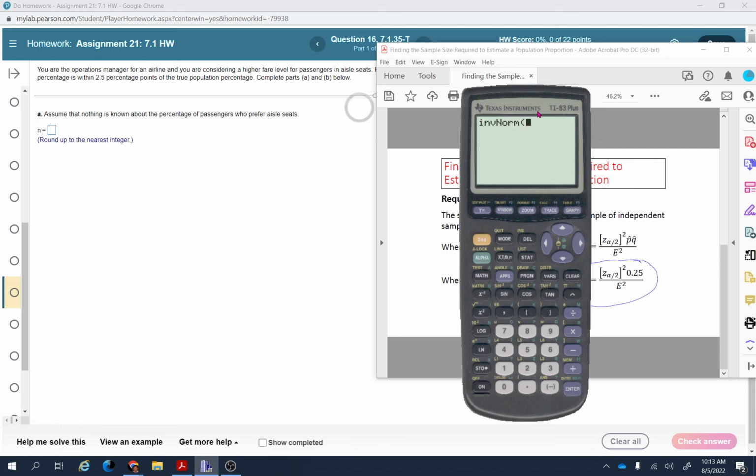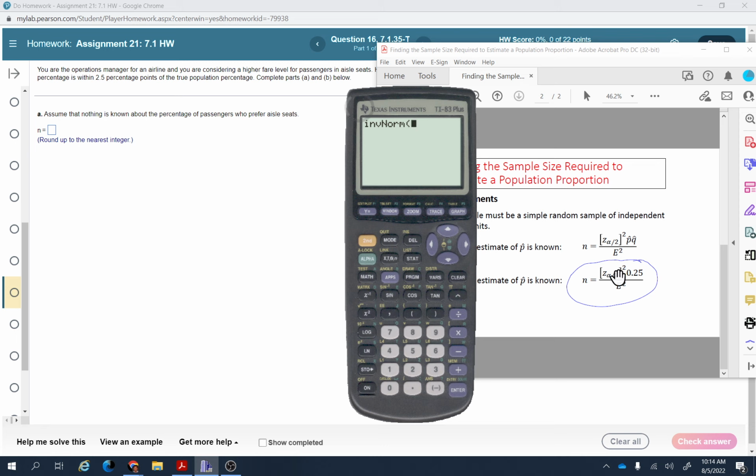By giving the alpha value, in this case alpha over 2, which is 0.025, or 2.5%, it gives us the z value, which is negative 1.959963986. You have to square this value, so use the square button.